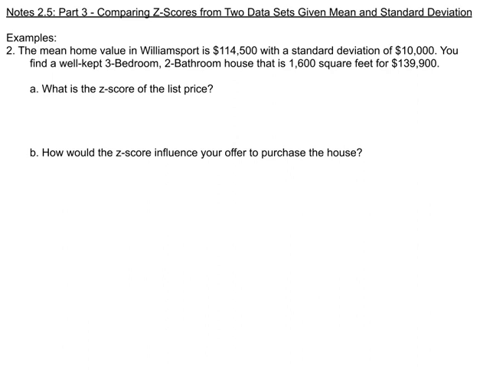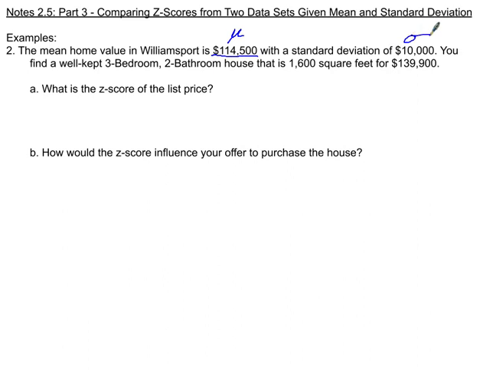In example 2, we're looking at the mean home value in Williamsport, which is $114,500 with a standard deviation of $10,000. So you find a well-kept 3-bedroom, 2-bathroom house that is 1,600 square feet for $139,900. So let's find the z-score of this list price. Right? So the mean is 114,500.